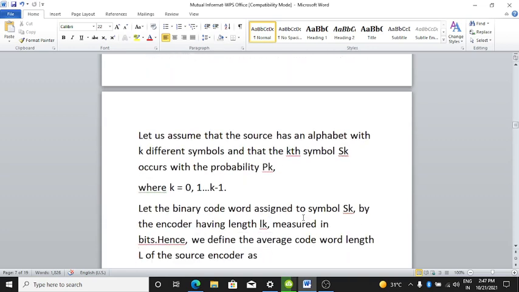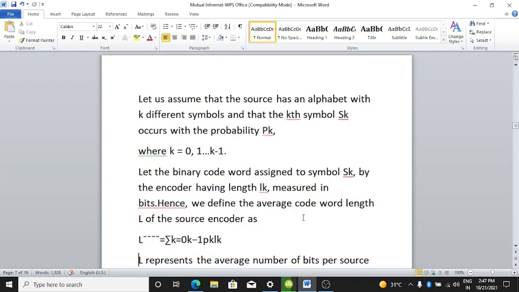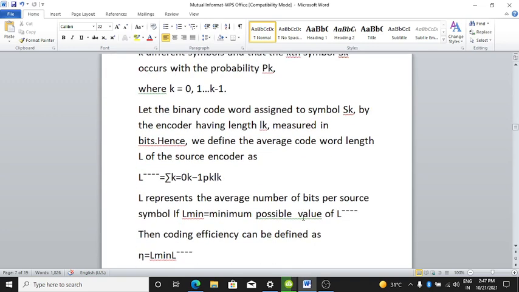Let us assume that the source has an alphabet with k different symbols, and that the kth symbol sk occurs with probability pk, where k equals 0, 1, up to k minus 1. Let the binary code word assigned to the symbol sk by the encoder have length lk, measured in bits.